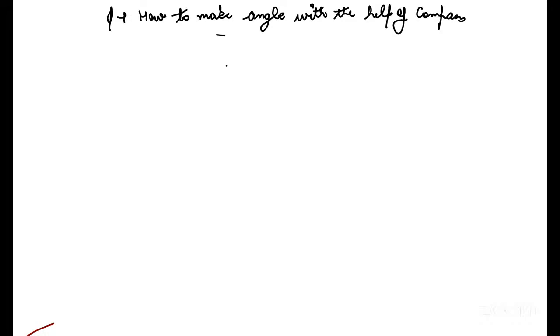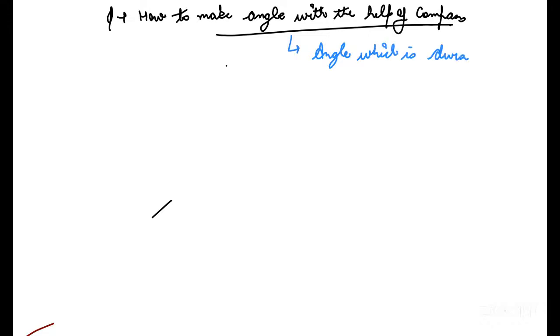Okay. Remember one thing, the rule is that angles which are divisible by 15 are the only ones that can be made with a compass. I'm repeating again, angles which are divisible by 15.